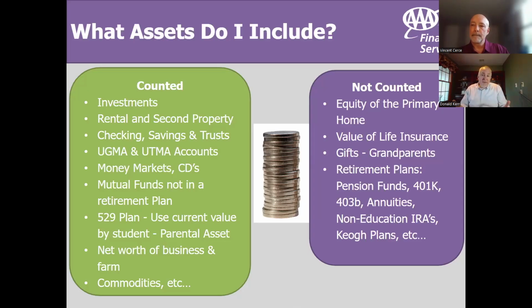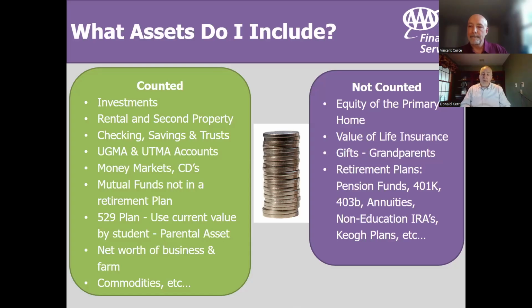Gifts from grandparents. Sometimes people will save in a grandparent's name, and then the grandparent would spend that money or gift it to the student in the first year. That used to be held against the student in year 2. That is no longer the case. They have gotten rid of kind of that grandparent penalty. So those are the things that do not count.